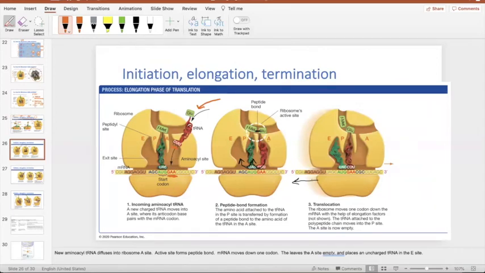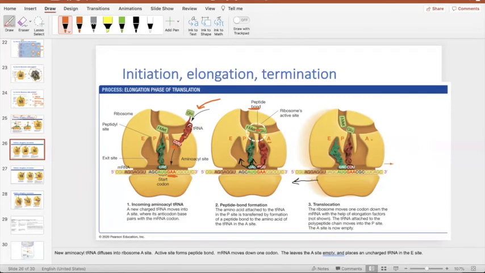So here you see it docked in this A position. Now what we have is 2 amino acids at the top here that are lined up with one another. So we can form a bond between these two, a peptide bond between these two. So we form a peptide bond between the peptidyl site and the aminoacyl site. So that's how they get their names, okay?